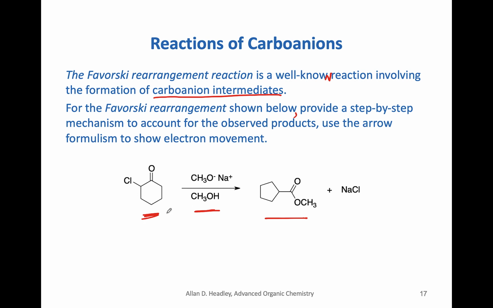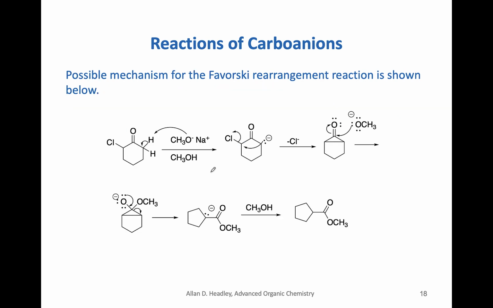The next slide shows the actual proposed mechanism. Here we have a strong base, sodium methoxide. As you can imagine, methoxide anion is a strong base. Here we have an alpha carbon which has 2 alpha hydrogens, fairly acidic. It pulls that off to form the anion right here.